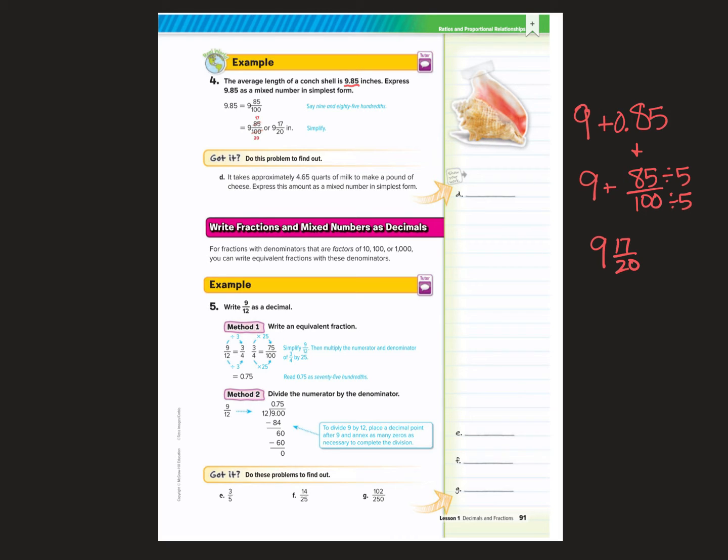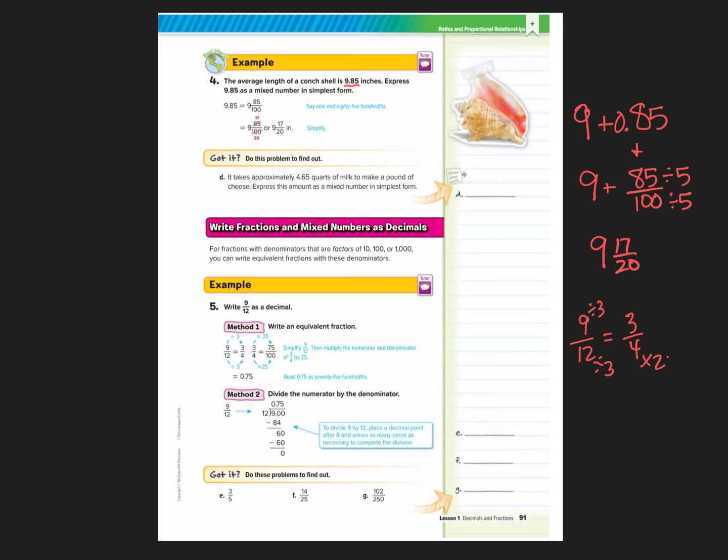Here too, write it as a decimal. Another way to think about it is like how we did the ratios in the last chapter. If I have 9 twelfths, I could simplify, divide by 3, and make it 3 fourths. Because I want a denominator of either 10 or 100, 4 doesn't go into 10, but it does go into 100.